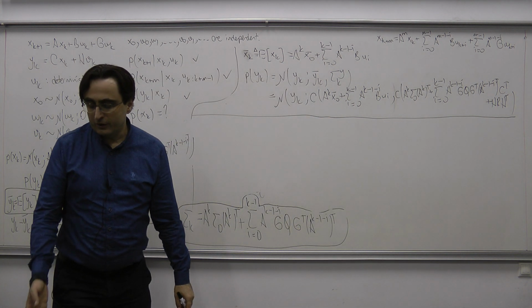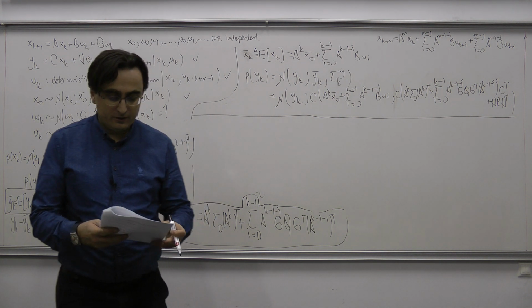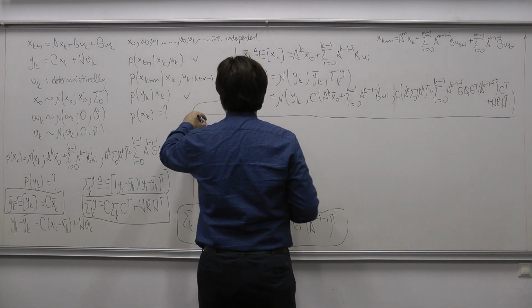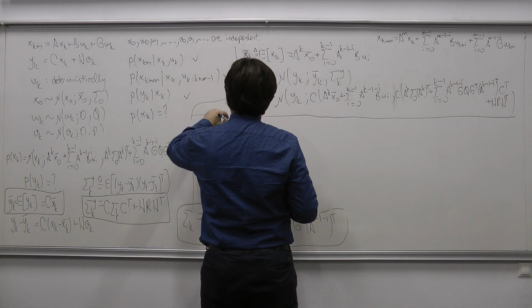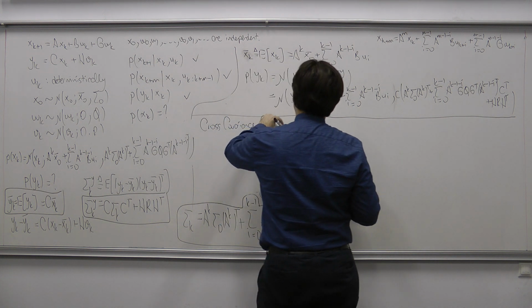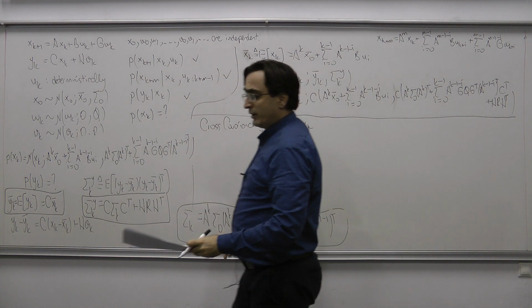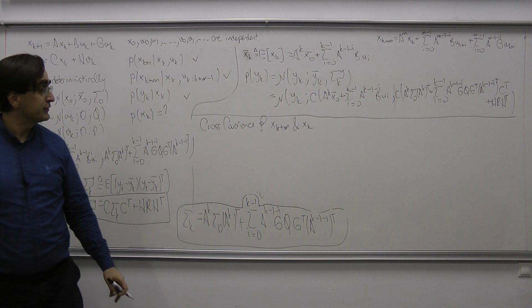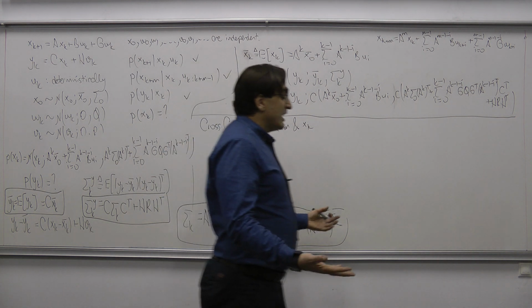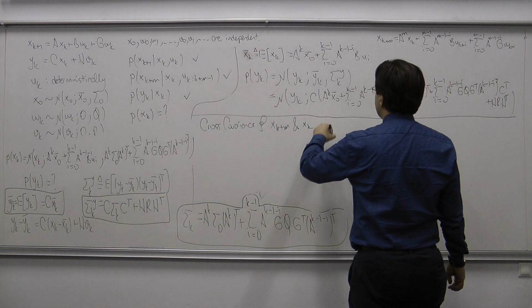So now we're ready to calculate some cross covariances, and we are going to calculate the following covariance. Cross covariance of x(k+m) and xk. Let us try to calculate this. When we ask for a cross covariance, what we have to do is to calculate this.